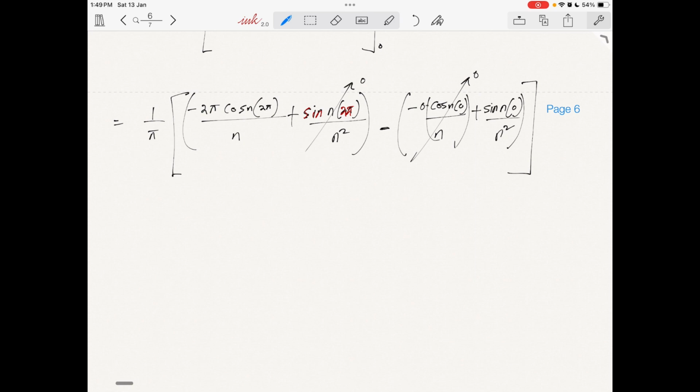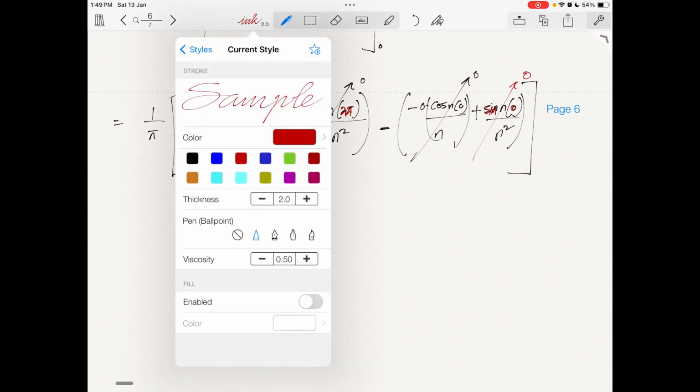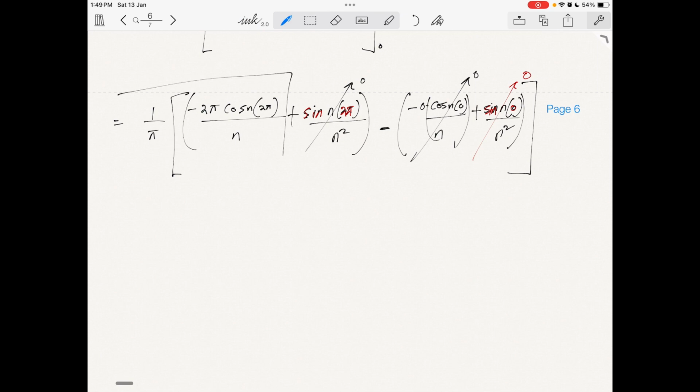Sine 2 pi is 0. And also sine 0 is 0. So this turns to 0. So in return, we are left with this. So this gives us 1 over pi into minus 2 pi plus n 2 pi over n.